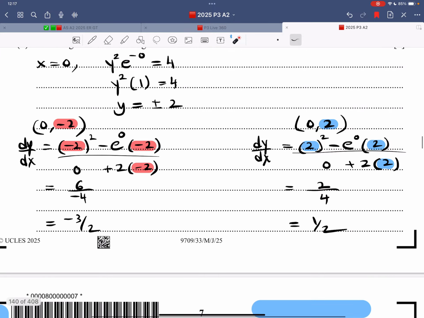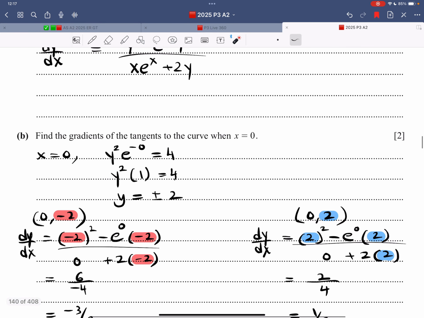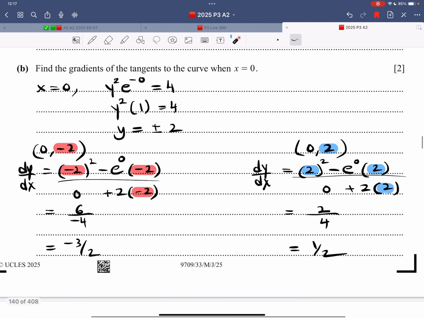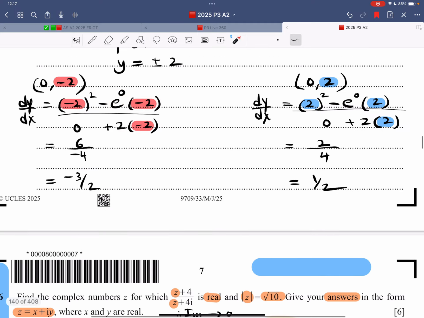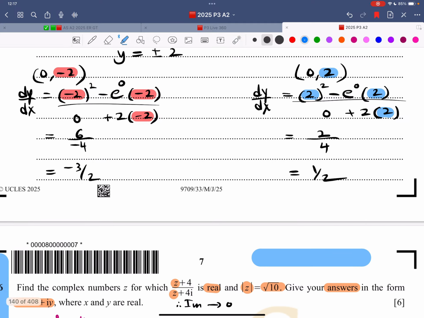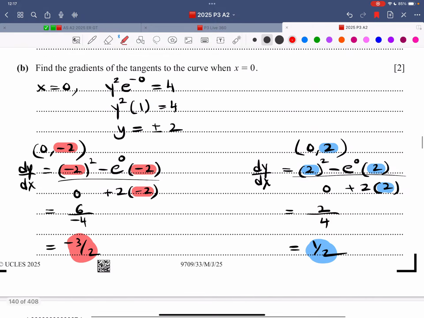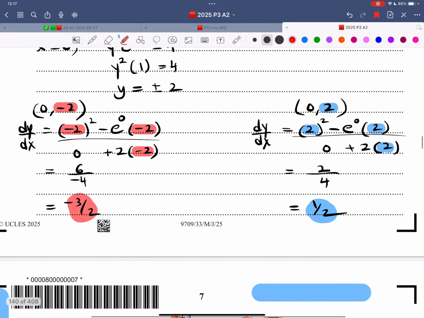So that is how this thing is done. And we are plugging in x equals 0. So e raised to power of 0 is 1, and then we plug in y, this is square, this is y, this is 2 into y. This comes out to be negative 3 over 2, this comes out to be half, and this is negative 3 over 2. They are asking for gradient of tangent, not the equation, just the gradient. So this thing is done.